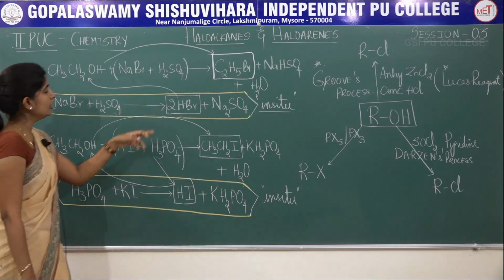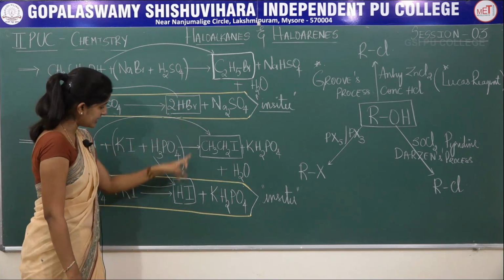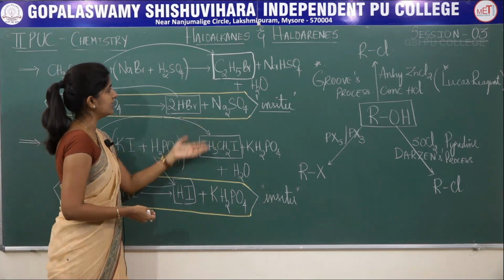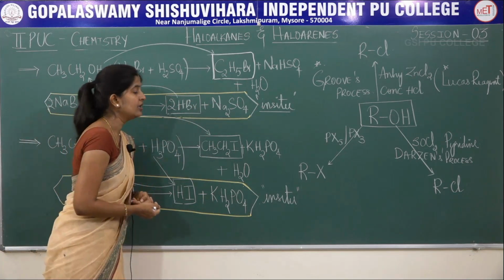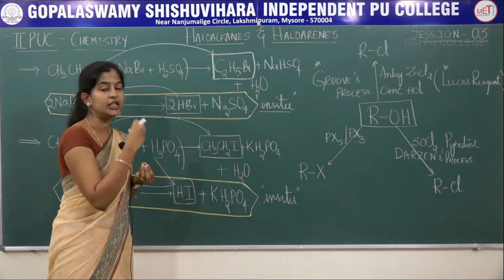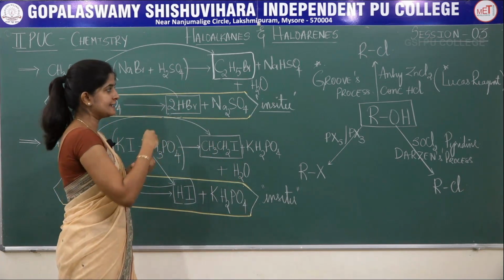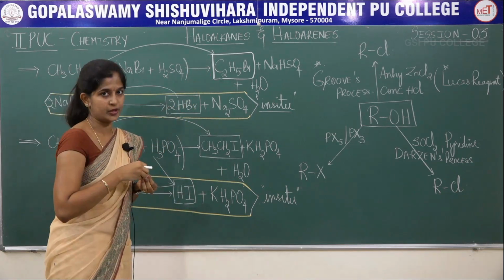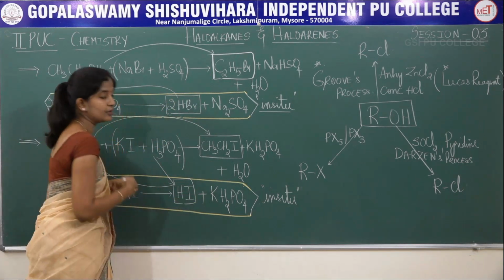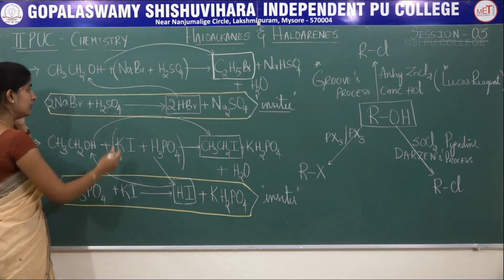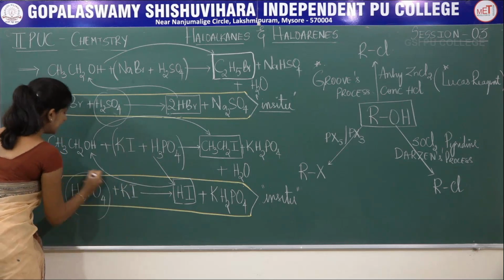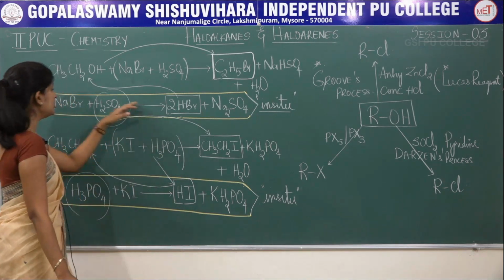So this is how you react hydrobromic acid as well as hydroiodic acid in situ to get bromoalkanes and iodoalkanes respectively. Just like HCl, you cannot add hydrobromic acid, neither hydroiodic acid externally, as we do in the Groves process. So hence, these two, hydrobromic acid as well as hydroiodic acid, are prepared in situ. The other thing: here we have used H2SO4, here we have used phosphoric acid, a milder acid in this case than sulfuric acid.